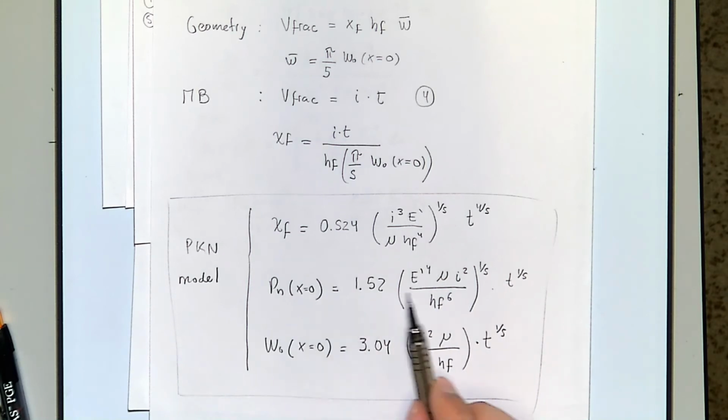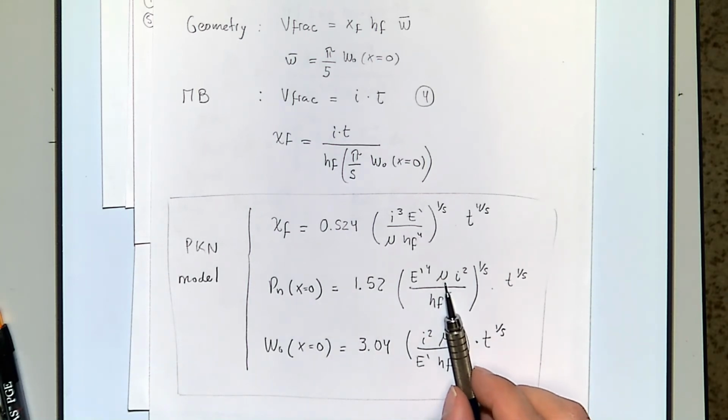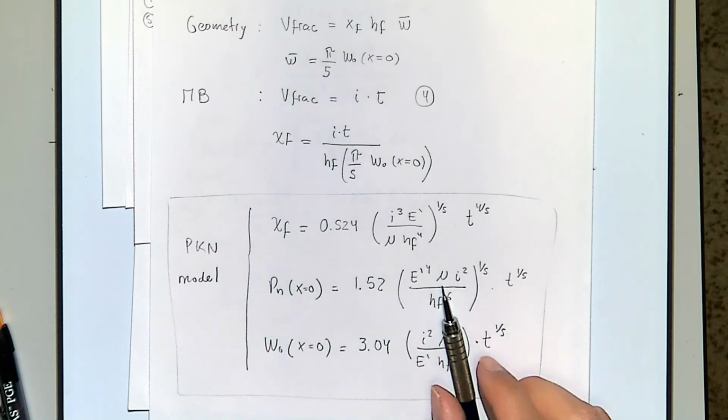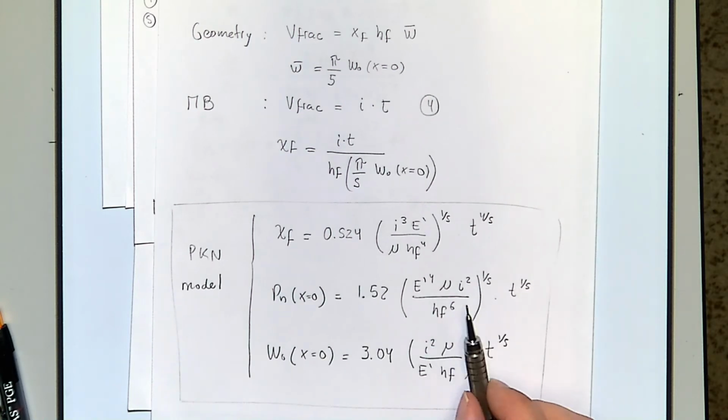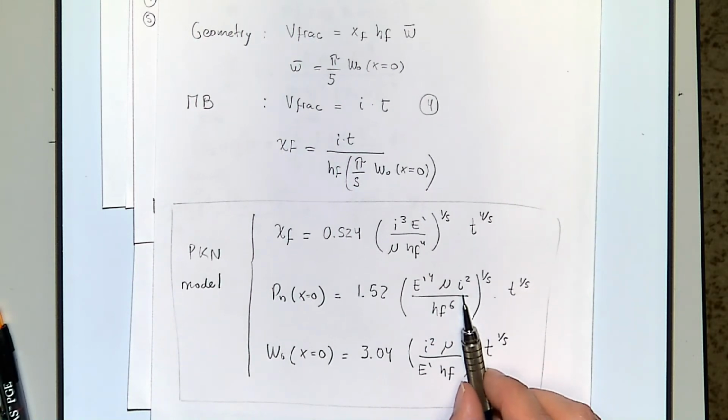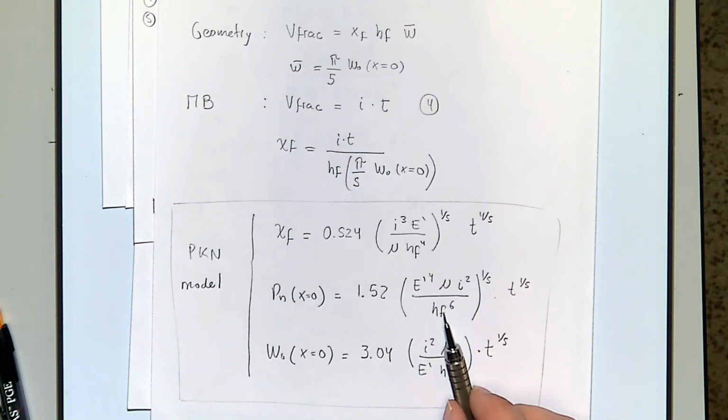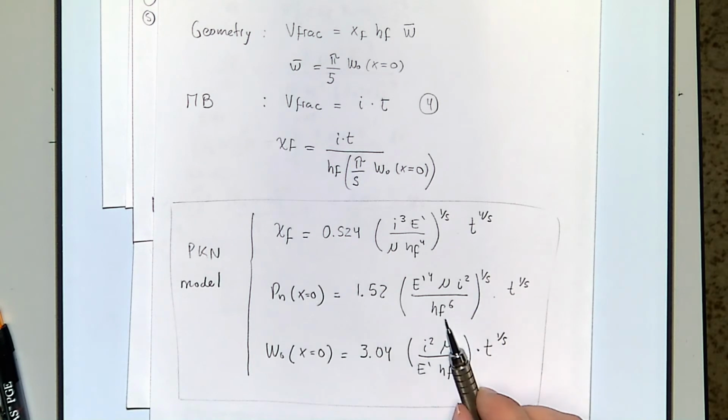The pressure is also proportional to viscosity, and that makes sense because you need to flow the fluid through the fracture. Proportional to injection rate also makes sense because of the viscous losses inside the fracture, and inversely proportional to the fracture height. And again, this is because of material balance.